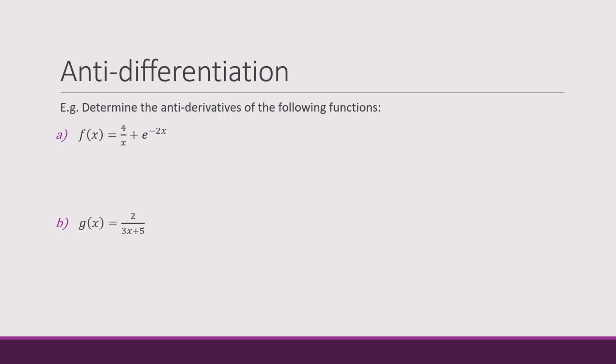So a couple of quick examples. We've got the function 4 over x plus e to the negative 2x, so our exponential part here. Our integral will be 4 over x plus e to the negative 2x dx, which equals, well, the antiderivative of 4 over x is 4 natural log x, plus the antiderivative of e to the negative 2x.